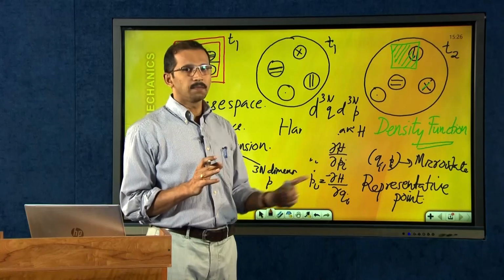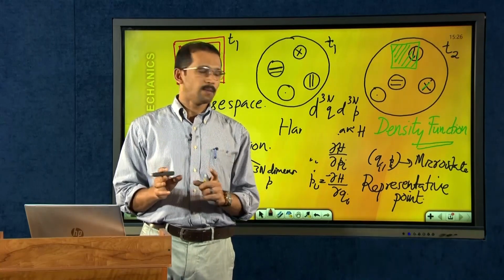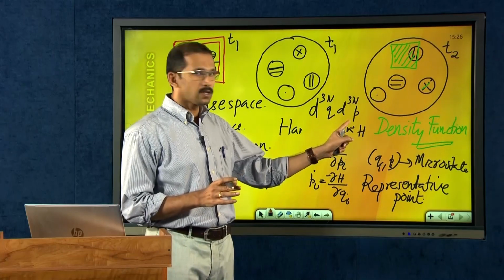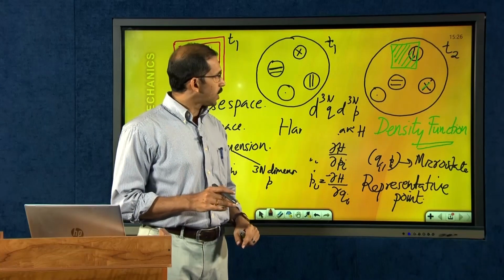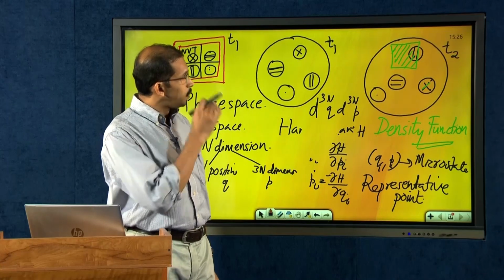So, the density function basically defines the number of representative points in the volume element d^3n q, d^3n p around some representative point q p.